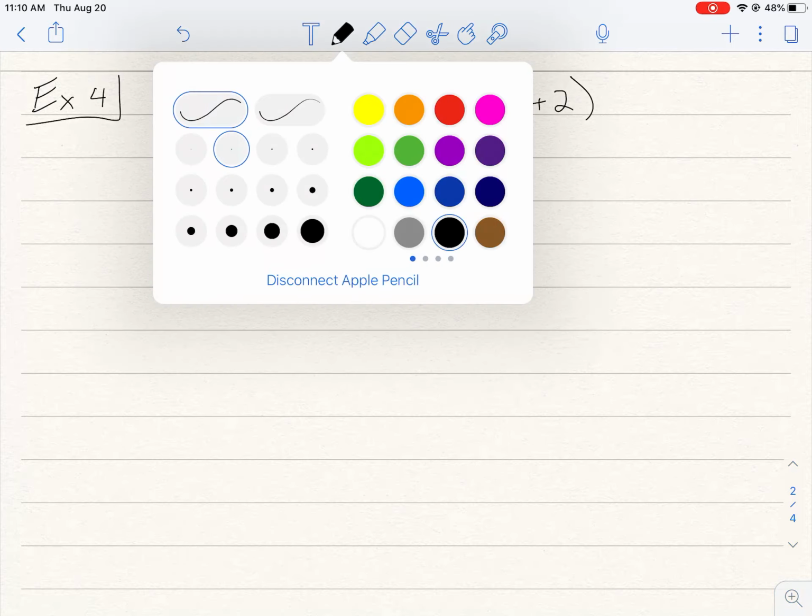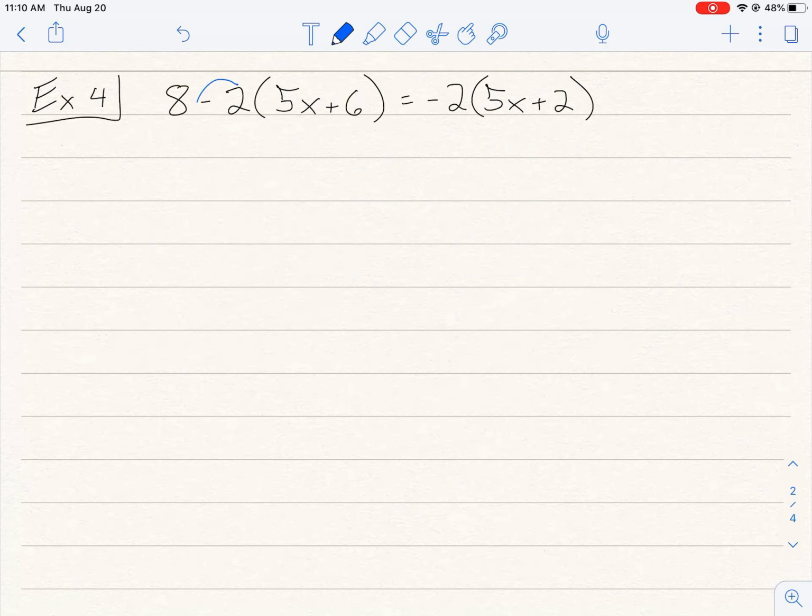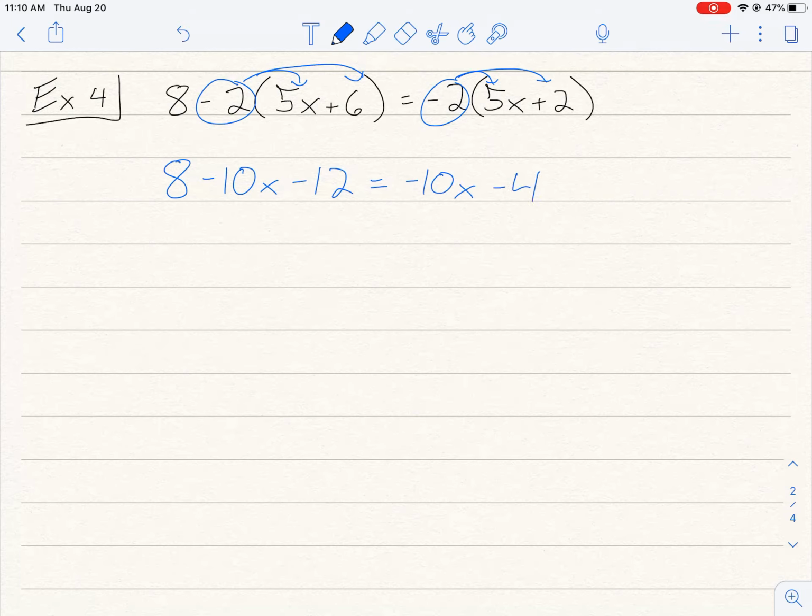All right, welcome back. So let's start by distributing this negative 2 here, kind of similar to the first example we saw. And again, distribute this negative 2 as well. So we get 8 minus 10x minus 12 is equal to negative 10x minus 4.